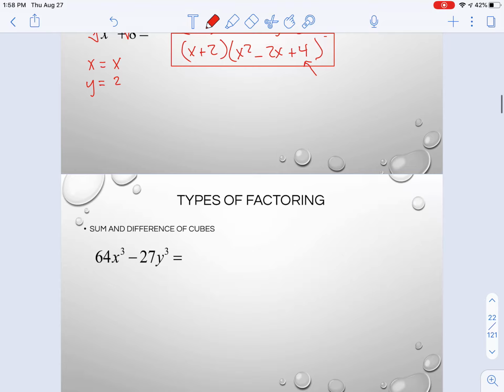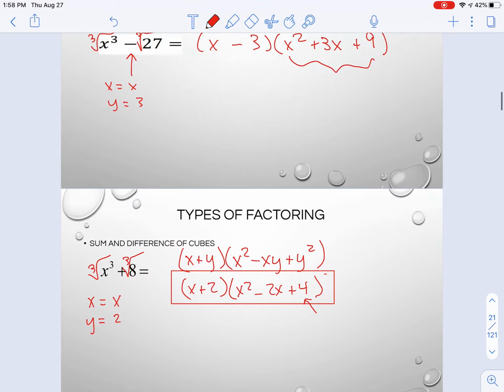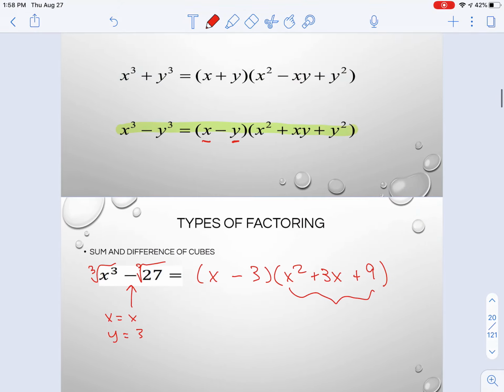Okay. We'll try this one here. This will be our last one. Again, the formula that we're going to model is the one that's highlighted here. Let's see if I can do this.